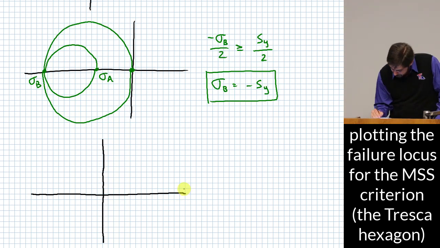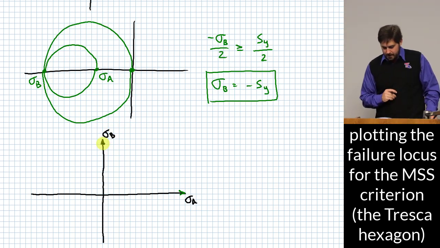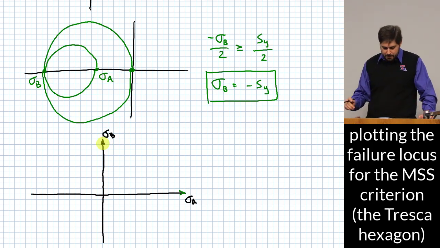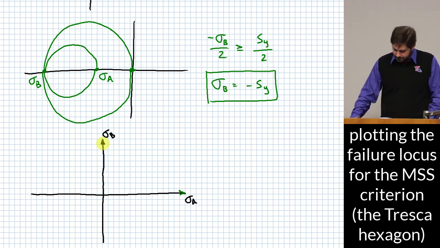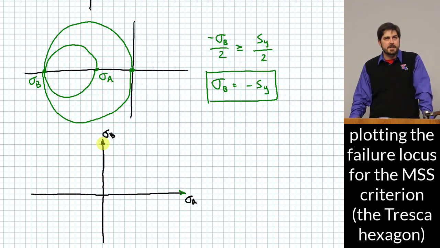And so we'll plot it where we put our sigma A over here and sigma B up here. Okay. So if sigma A and sigma B are both positive, let's say sigma A is greater than sigma B, then where do we predict failure if we were to plot it on this set of axes?